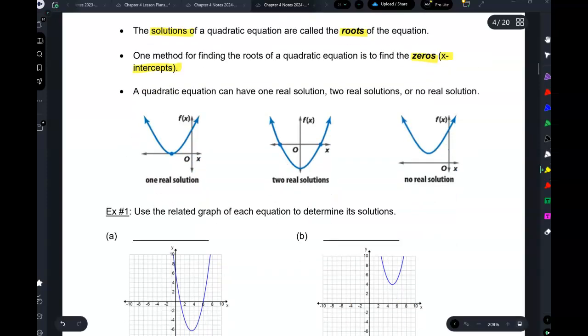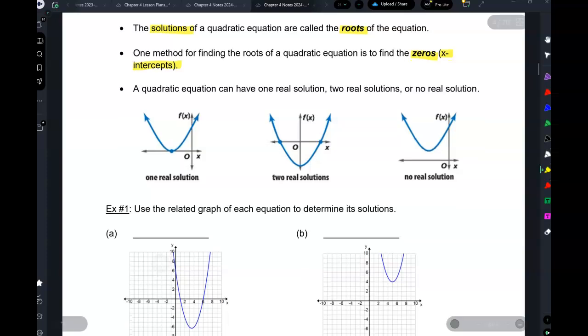Now, a quadratic equation, when graphed, gives you a parabola. And if the solutions are the x-intercepts, then there are three ways for it to look, right? It can look like this, in which case there is one real solution right here. It just hits the x-axis one time.